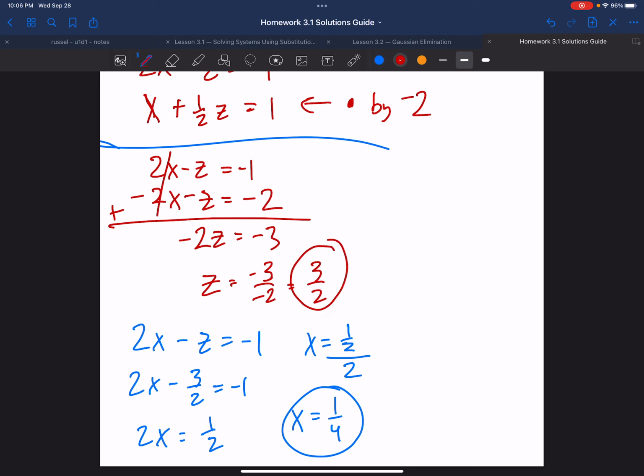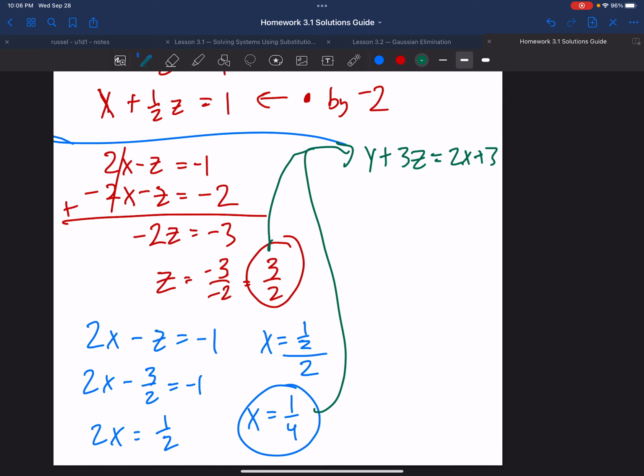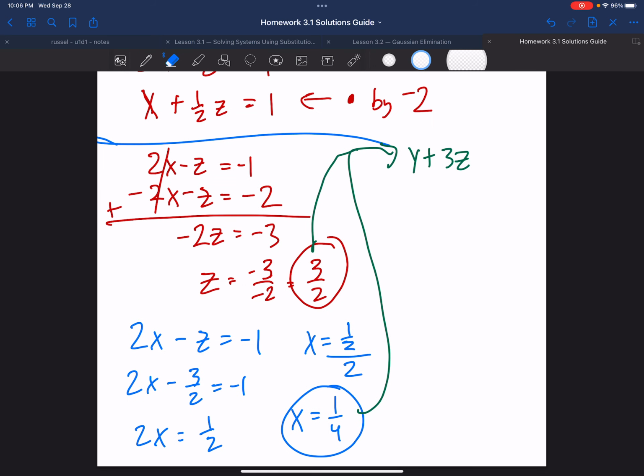And z equals 3/2. And now that I have those, I'll sub this in. Let's do green. Sub this into y plus 3z equals 2x plus 3. So this is 3 times 3 halves equals 2 times 1/4 plus 3.